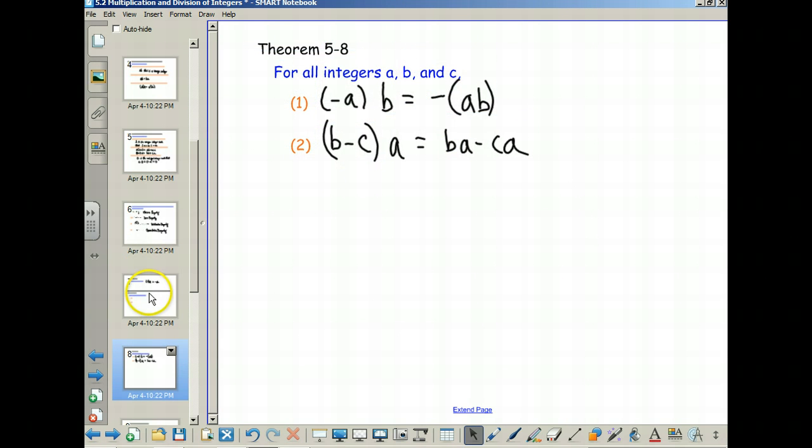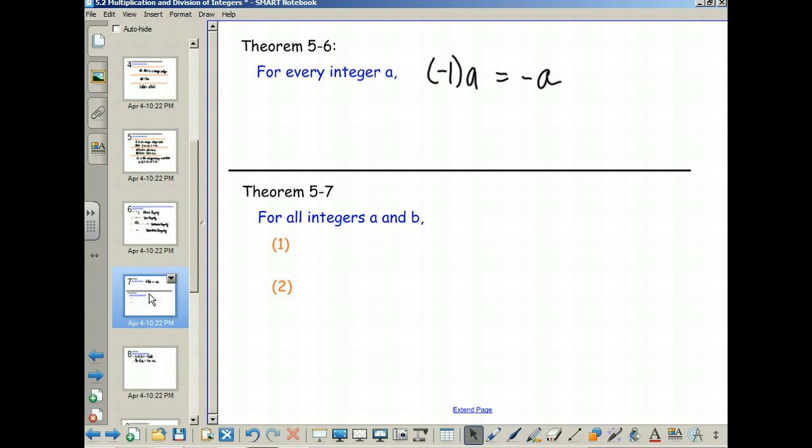So that's actually theorem 5.8. Let's go back and fix 5.7 now. I apologize for that. Actually, I guess I'm combining theorem 5.7 and 5.8. All right, let me just fix 5.7 and then I'll fix 5.8.